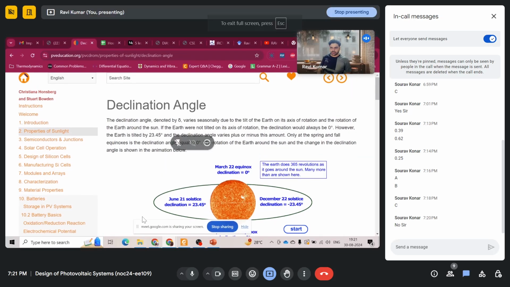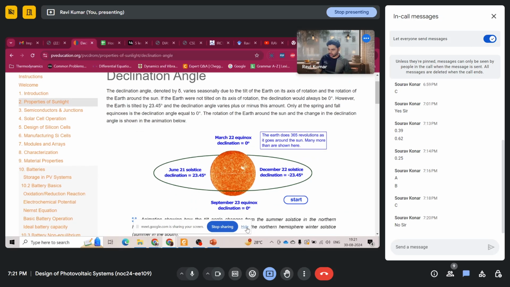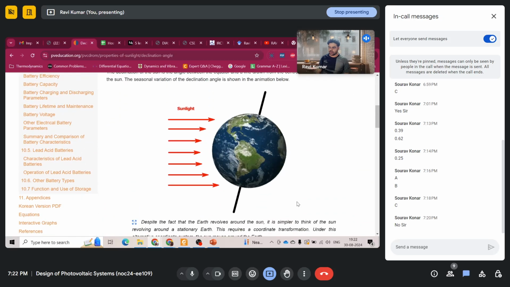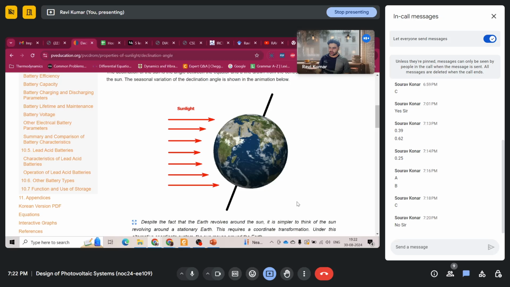Yes, it is visible now. Okay, so I just wanted to show you some of the benefits of going through this. Here you can understand things just by seeing the animations. This particular website has so many animations.